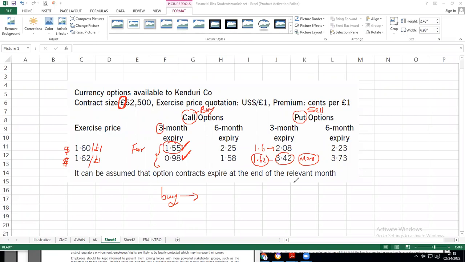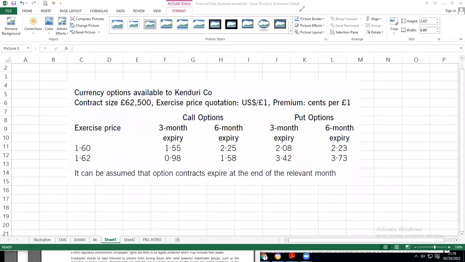Okay. If we are okay now, we are going to set up a hedge. Let's set up the hedge. The good news is that options are the easiest instruments to set up by our students.